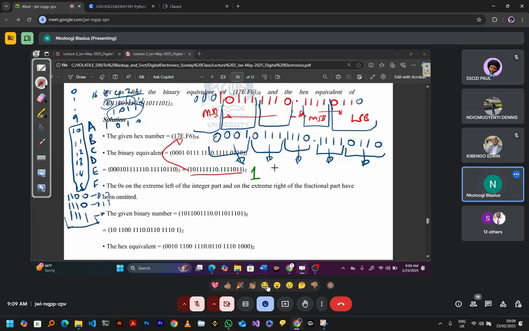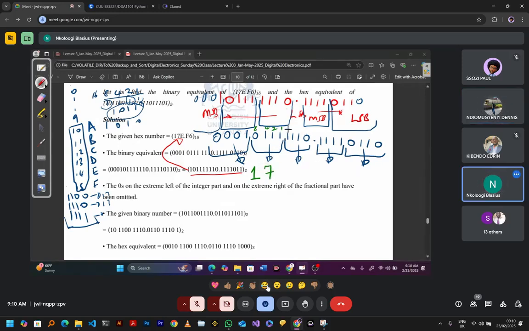Recall the weights: 1, 2, 4, 8. So if you add this, what is that? It's 7.